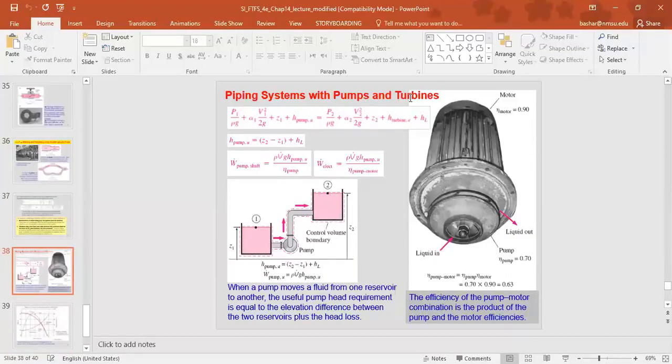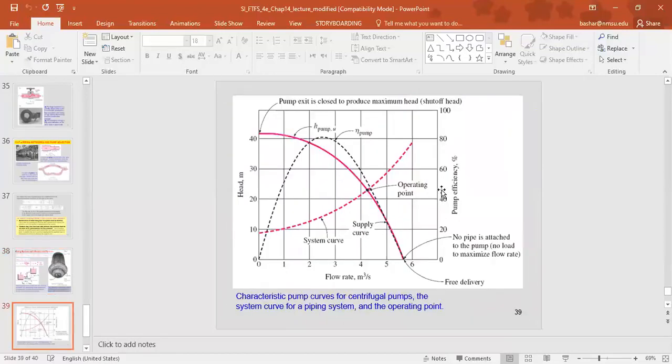For piping systems with pumps and turbines, the energy equation from chapter 12 applies, and again I remind you of the pumping shaft power or the electrical power for the pump motor, similarly for the turbine generator. This represents the characteristic curve of the pump, which comes from the manufacturer.